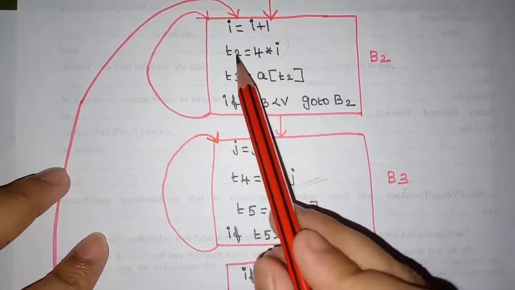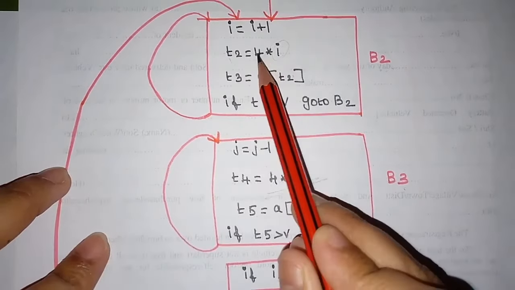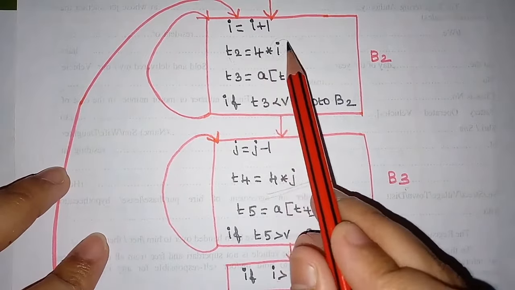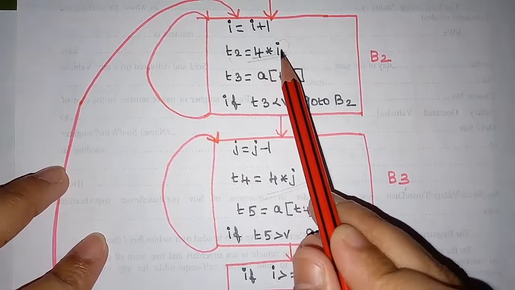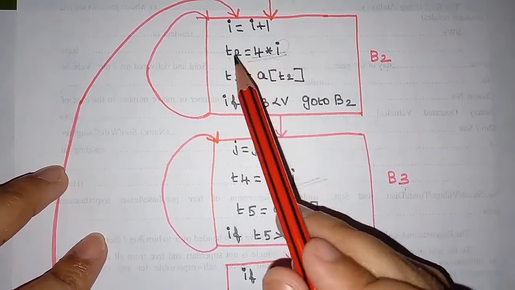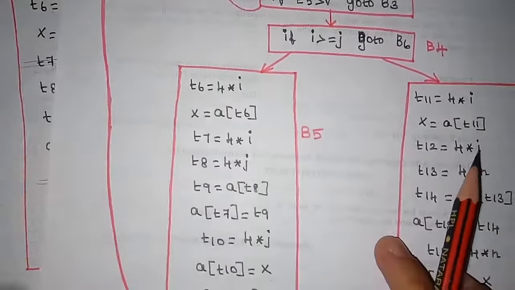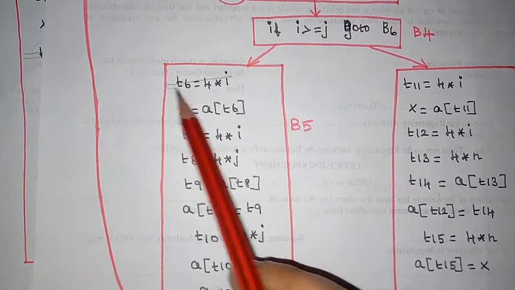So first we will take this statement, that is T2 is equal to 4 star I. First we will try to delete the common subexpression 4 star I. Then we can replace all those temporary variables with T2. So coming to block 5, here we can delete the statement 4 star I, and we can also delete the other statement 4 star I, right?